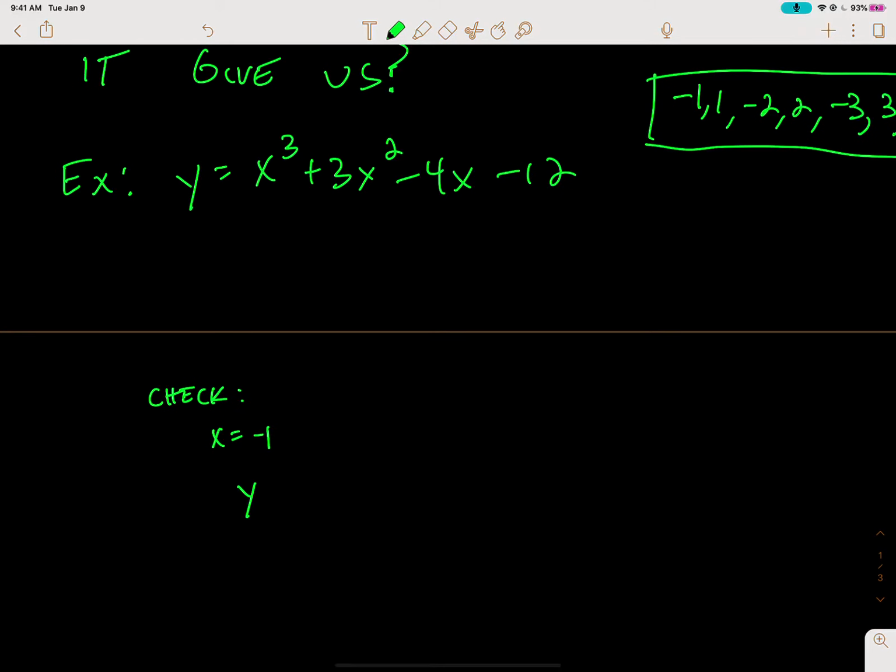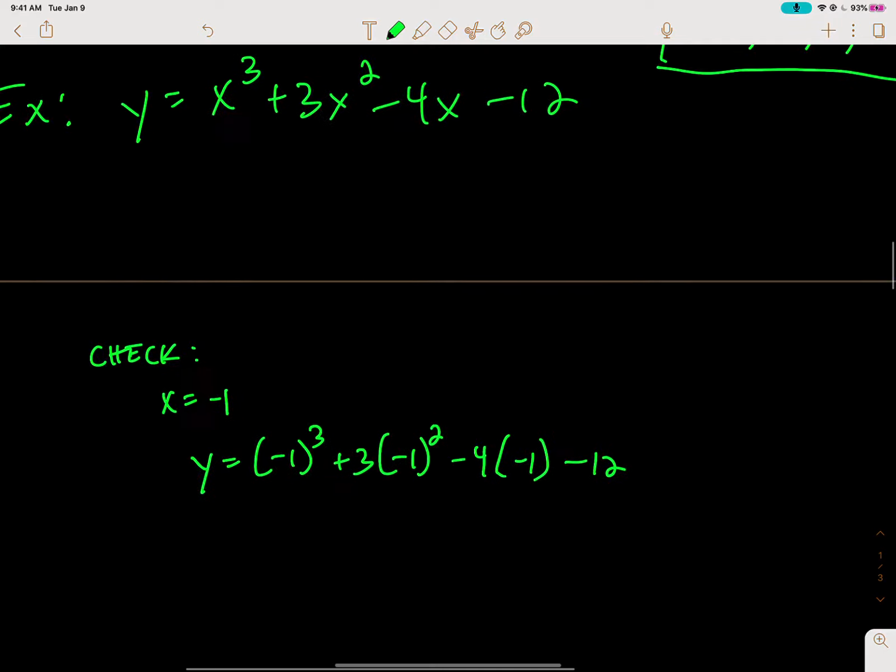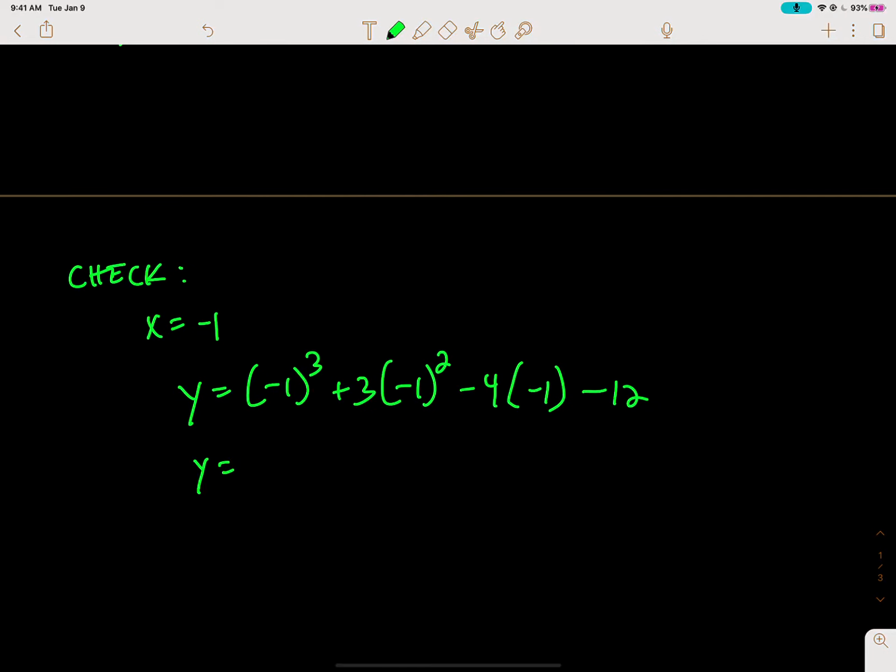So if I plug that in, I get y equals -1 cubed plus 3 times -1 squared minus 4 times -1 minus 12. I get -1 plus 3 plus 4 minus 12. So I just did -1 cubed, right?